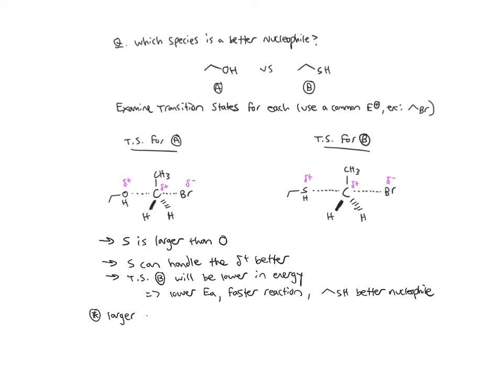So larger atoms are more polarizable than smaller atoms. Polarizable is the key term here that describes how easily influenced the electron density is by other species.